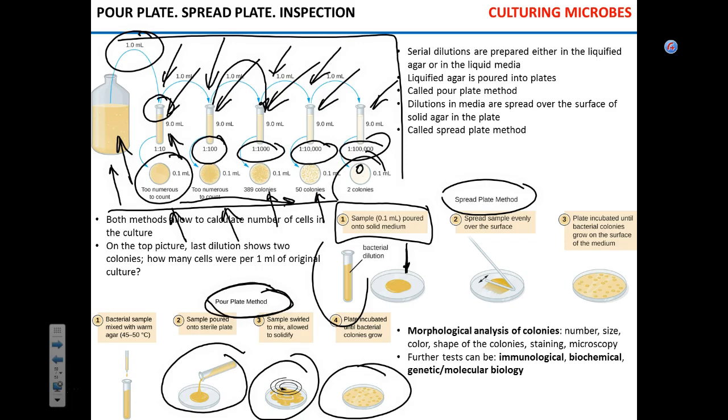Once you add it, you use one of these hockey sticks to spread the sample on the surface. Much simpler, much less laborious. The main problem is that we have very limited number of micropipettes that we use to add it to the surface. So we're going to do the pour plate method.